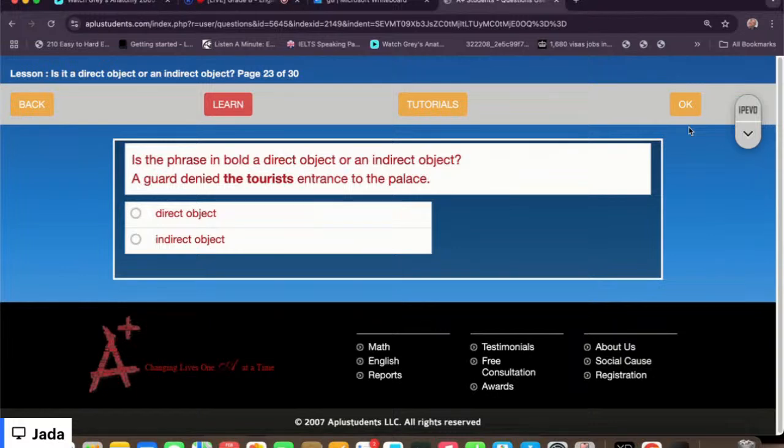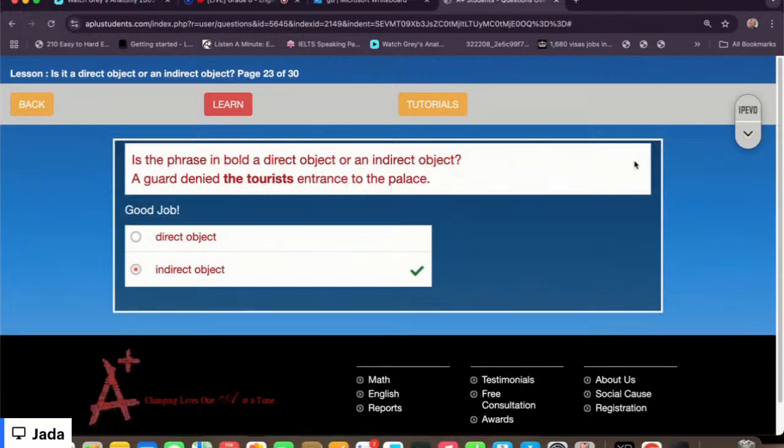A guard denied the tourist entrance to the palace. So indirect.